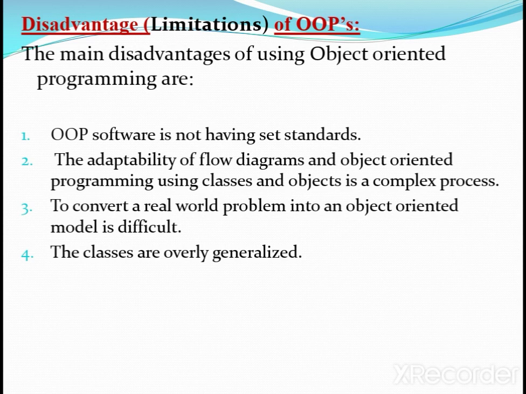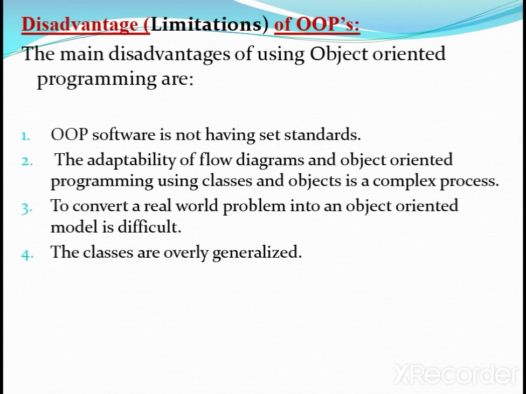Next are the disadvantages, that is, the limitations of OOP. The main disadvantages of using object-oriented programming are: OOP software does not have set standards. Here, OOP's software development, debugging and testing tools are not standardized, and it is not suitable for all types of programs.